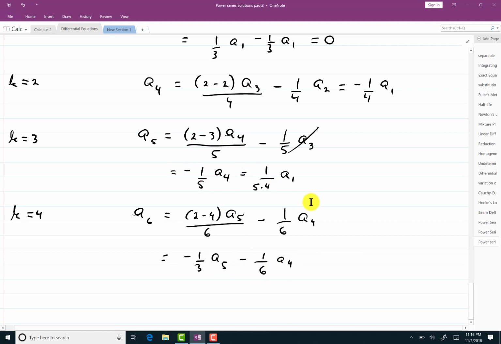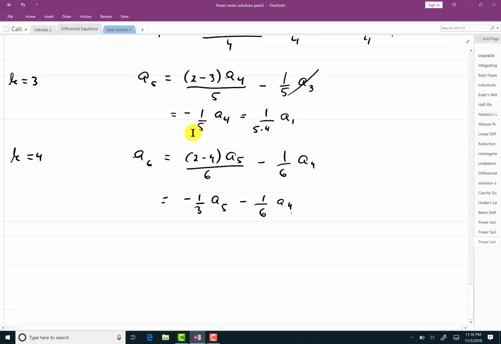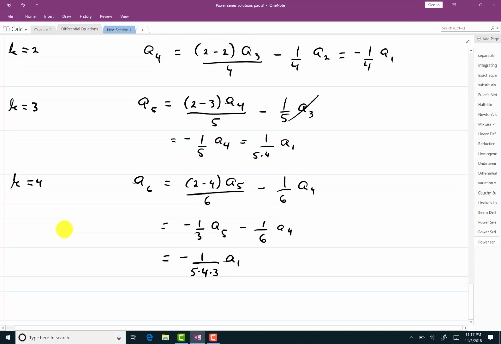A sub 5 is 1 over 5 times 4 a sub 1, so I'll have negative 1 over 5 times 4 times 3, and a sub 4 is negative 1/4 a sub 1.